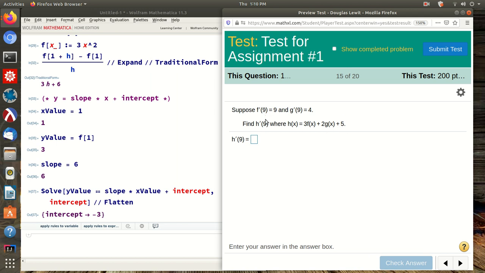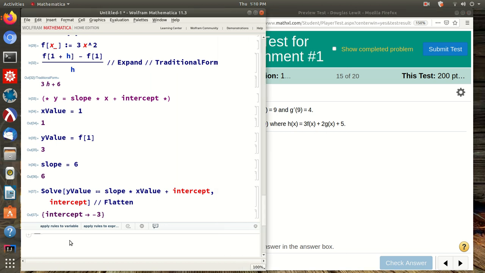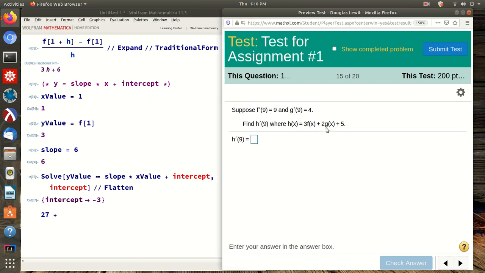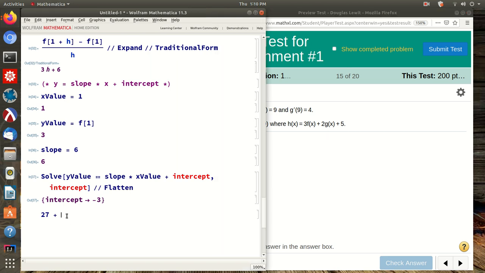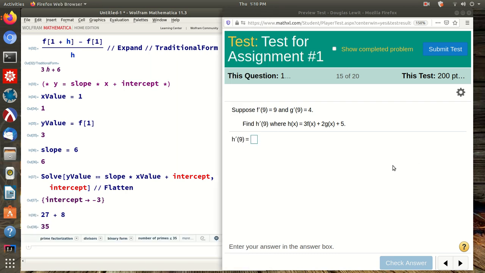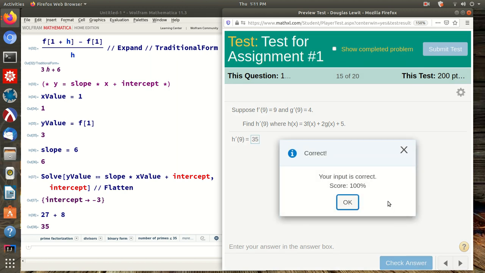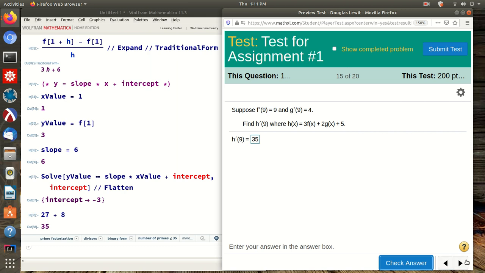So we're going to end up with 3 times 9, which is 27, and 2 times 4, which is 8. And that's going to be 35. So h prime of 9 is going to be 35. Your input is correct, score 100%. Okay, that looks good.